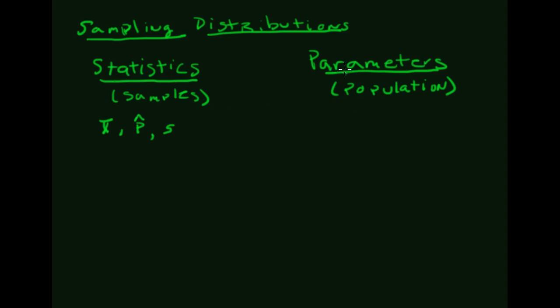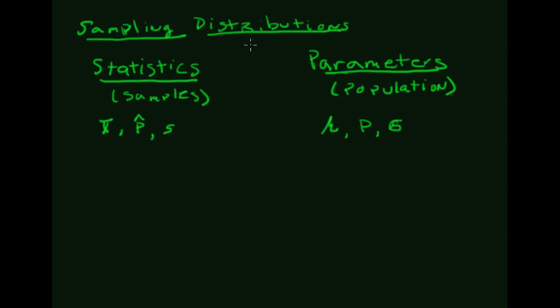When you move that over to the population, you take the mean of the population, which is mu, the proportion of the population that has a particular characteristic, which is p, no hat, or the standard deviation of the population, sigma. So these are all of the population itself. This is where inferential statistics happens.